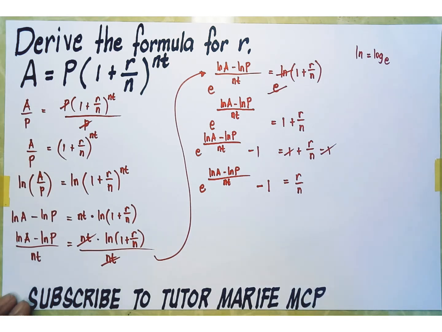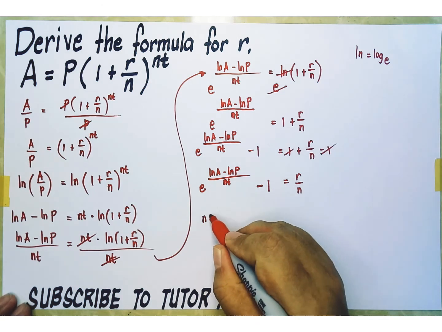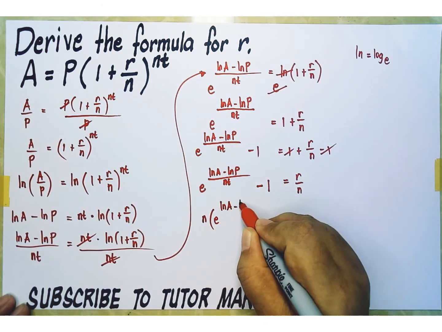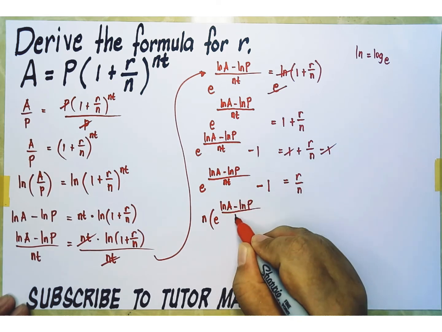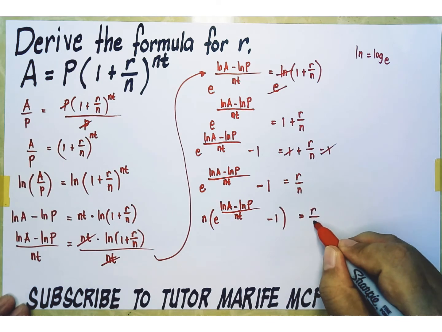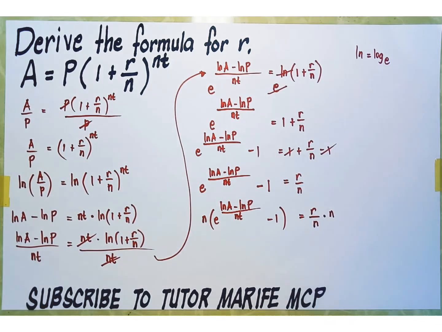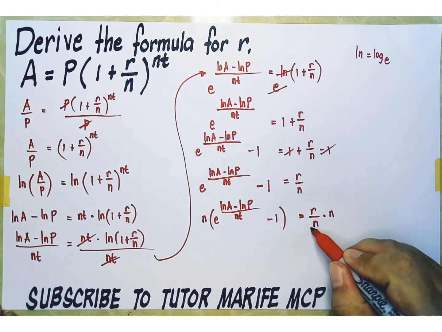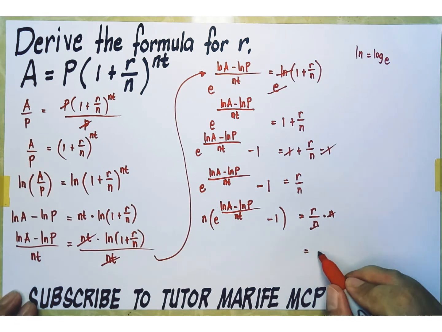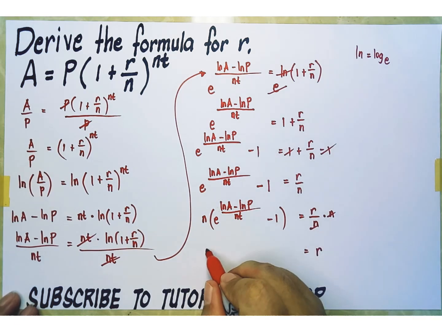I'll multiply both sides by n. So the denominator is cleared. On the right side, r is isolated.